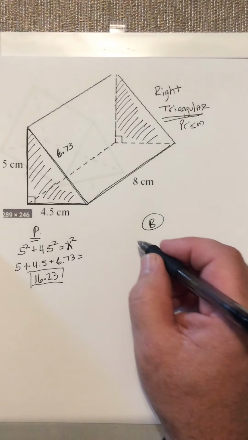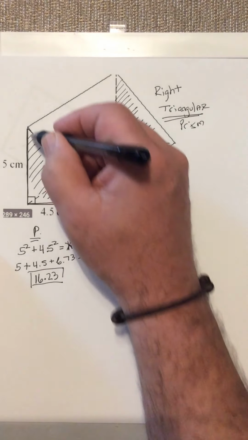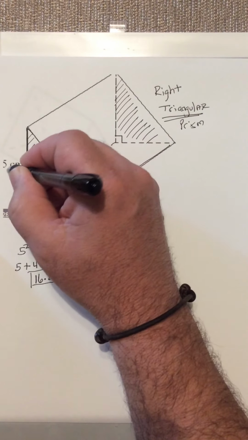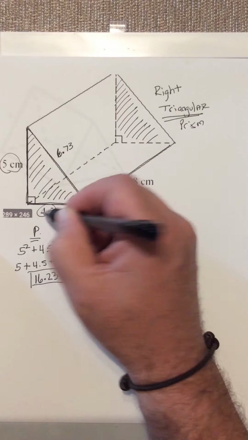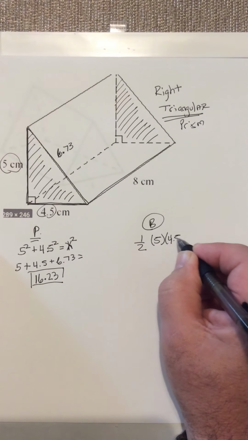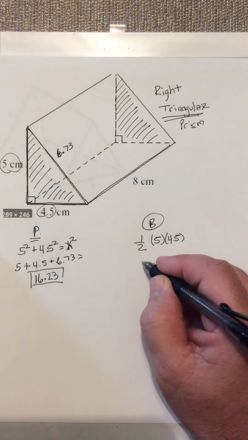So the area of my base is going to be 1/2. Now I'm just looking at the triangle. So there's the height of the triangle and the base of the triangle. So 1/2 of 5 and 4.5. So 0.5 times 5 times 4.5, I got 11.25.